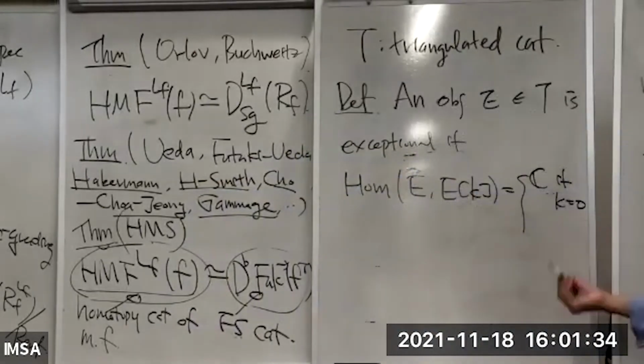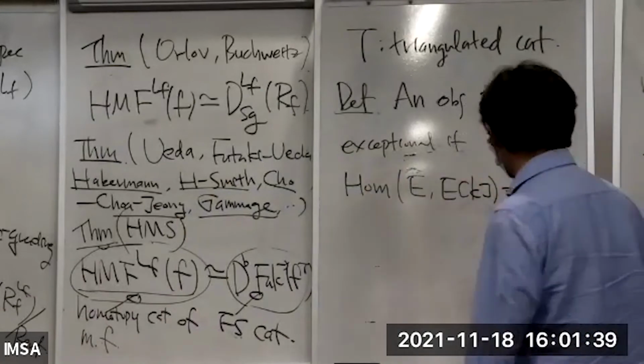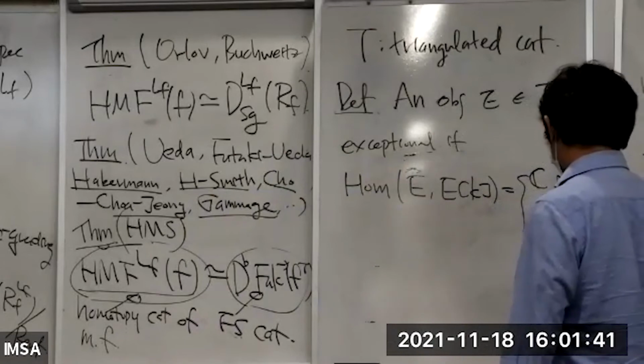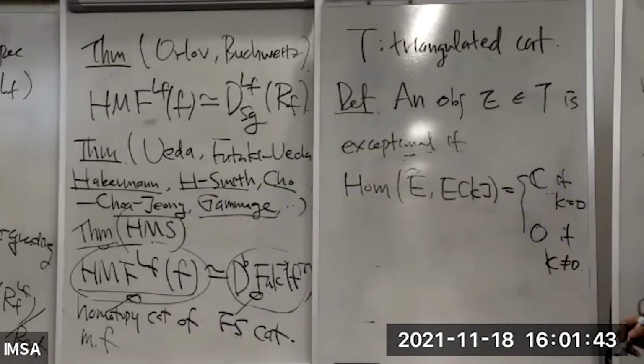If I do not shift anything, then there's the natural identity map, so this is C only if K is zero, and zero otherwise. So an object in T is called exceptional.